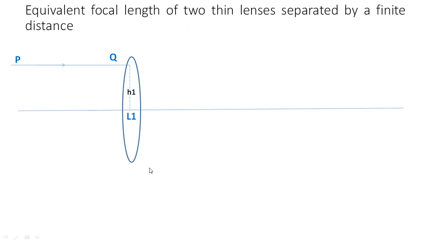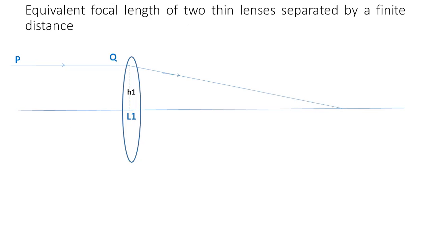Then we know that after refraction all the light rays converge at a single point, that is, at the principal focus of the lens. So this is the refracted ray.